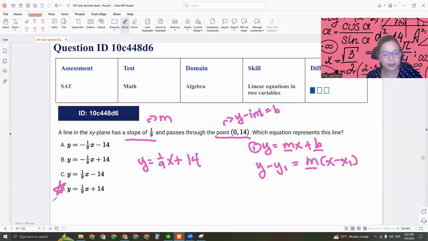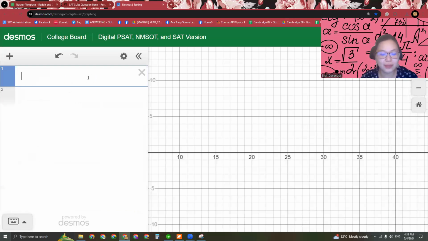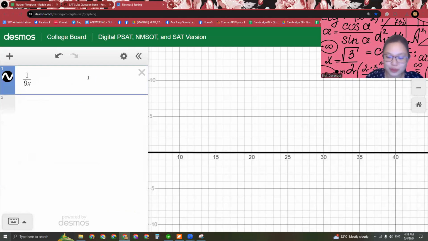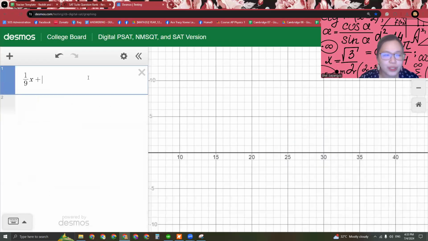And then if you plug that into Desmos, you could actually see that it passes through (0, 14). So just for fun, why don't we do that? I'm not telling you to always double-check during the test, but remember, we're in the easy level. We're doing algebra easy. That's why all these questions are way better off done by hand.